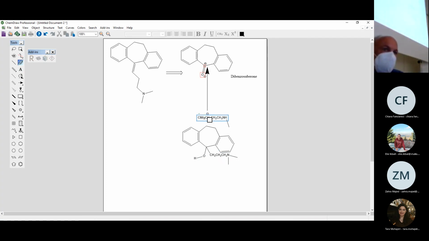So we have an attack of the negative carbon atom on the positive carbon atom to give this tertiary alcohol. Tertiary alcohols are not stable in acidic environment.